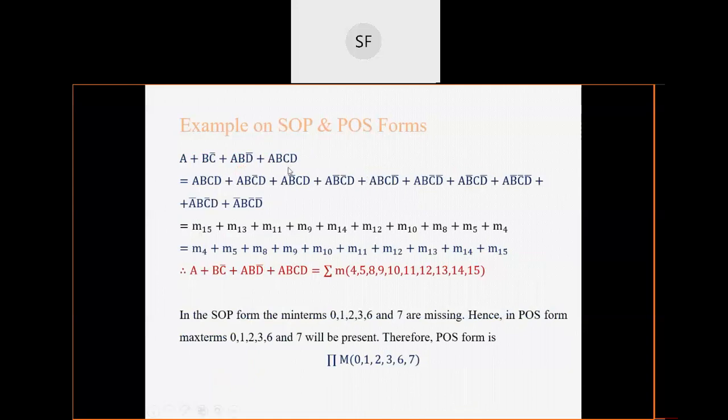We have found the min terms first. Why? Because the given expression was in sum of product, so these were your min terms. Now you know the min terms. Now you have to find the max terms. Then how will you do that?